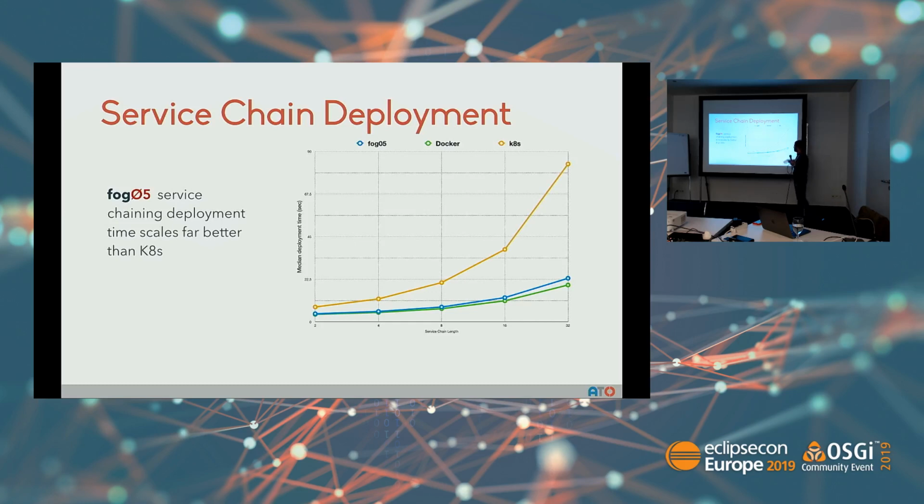And fog05 is the blue one, so it's quite good compared to Docker because it didn't add that much, while Kubernetes was exploding. That version of Kubernetes is, I think, not the latest one for sure. So probably we have to redo the measurements, also because during that measurement there was no single-node version of Kubernetes.